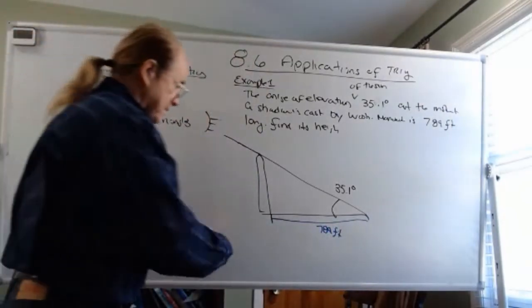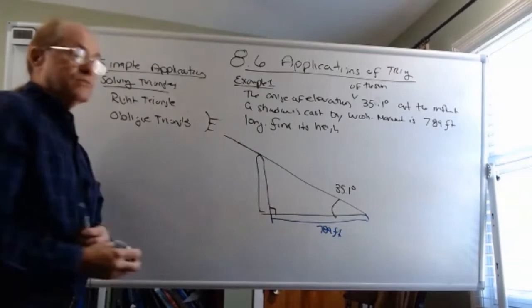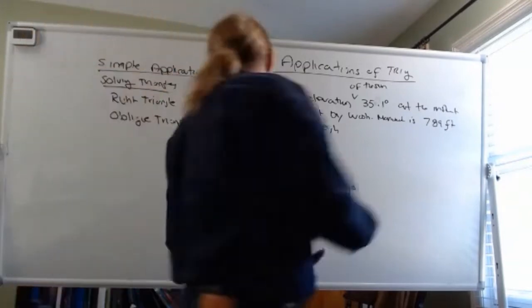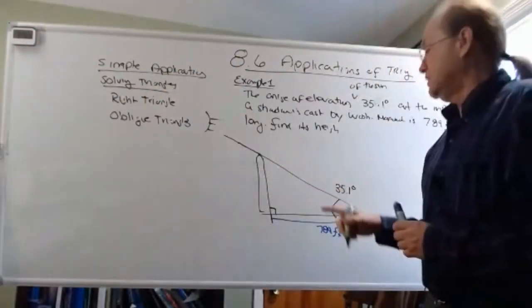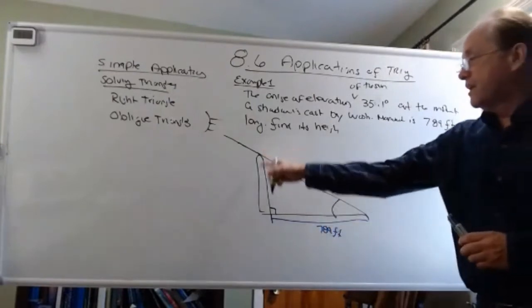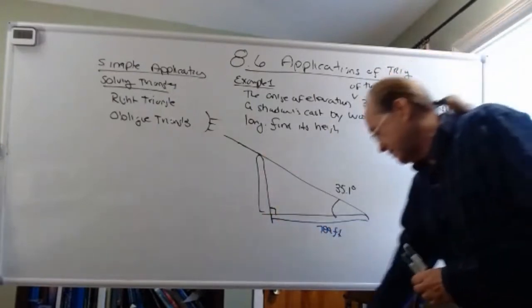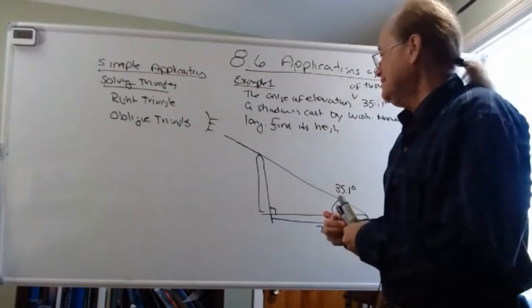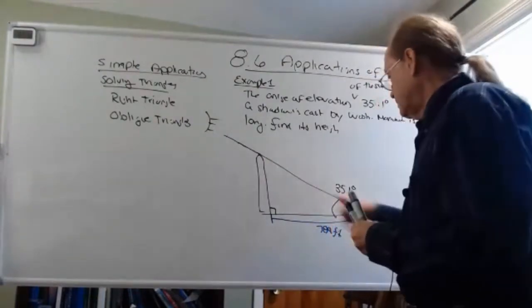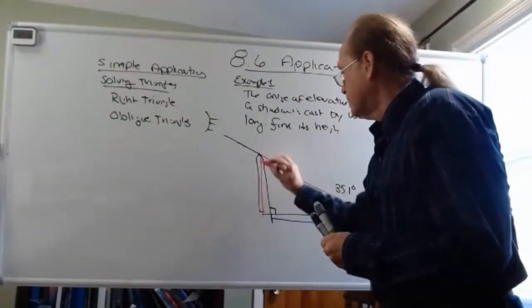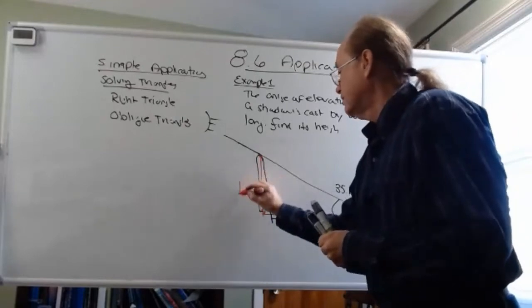We know this is a right angle, so it's right angle trigonometry. We could figure out this other angle, but we don't need it. What we're asked to find is this height, h. We don't need the hypotenuse length.